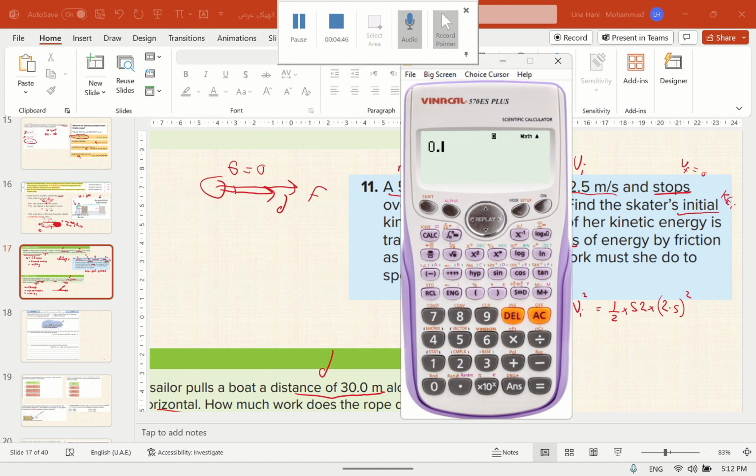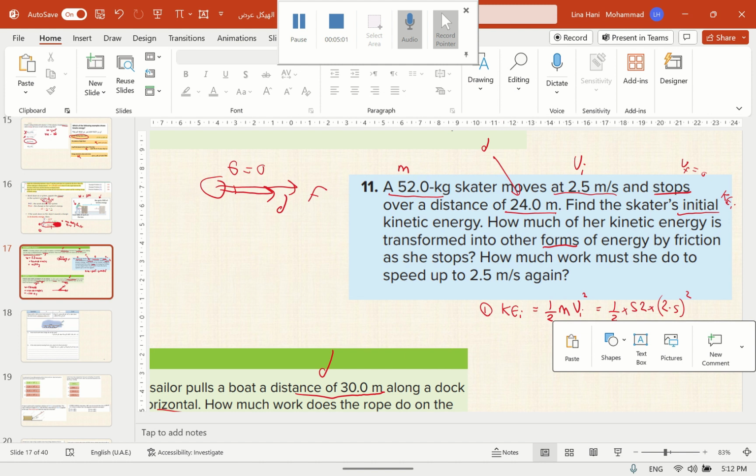Half of 52 and 2.5 squared. That gives you 162.5. So this person had 162.5 joules of kinetic energy before she started to slow down and stop.